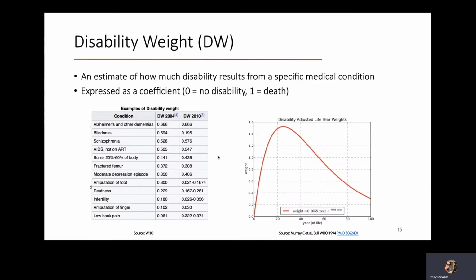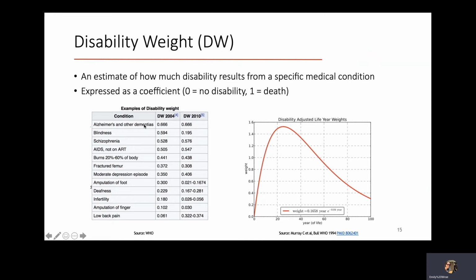The other thing to know about DALYs is that there is a disability weight included in the calculation. It basically says that you can be disabled from low back pain and you can be disabled from dementia, and those levels of disability, how serious they are, are not the same. So we might say that dementia is a bit worse.